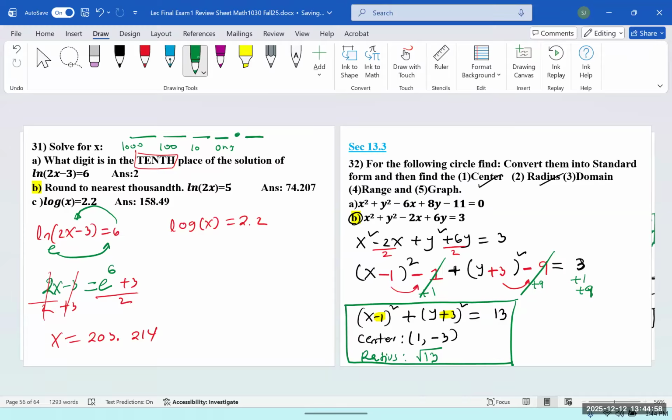It starts with tenths. What many of you did, you thought the first place is ones, and then tens, and then you got the answer wrong. But I didn't punish you because you're already failing anyway.